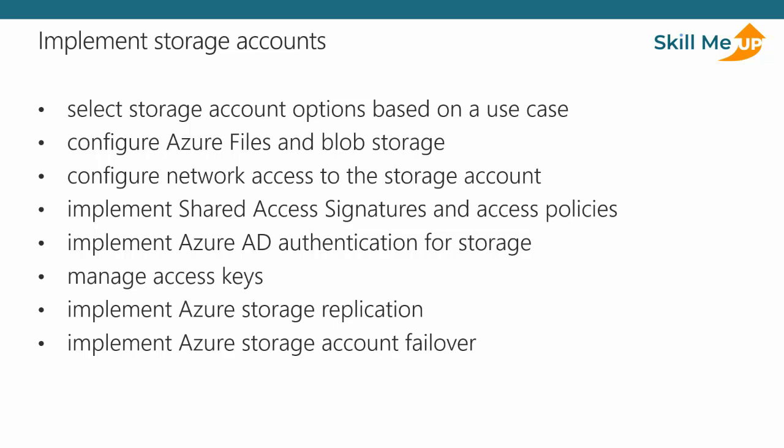However, the GRS is only going to be available in the failover region if it's actually failed over. You will not be able to access it in the other region until that failover takes place. There is then the RAGRS, that means read access globally redundant storage. With that one, we're talking about the ability to read it in the failover region before the failover happens.